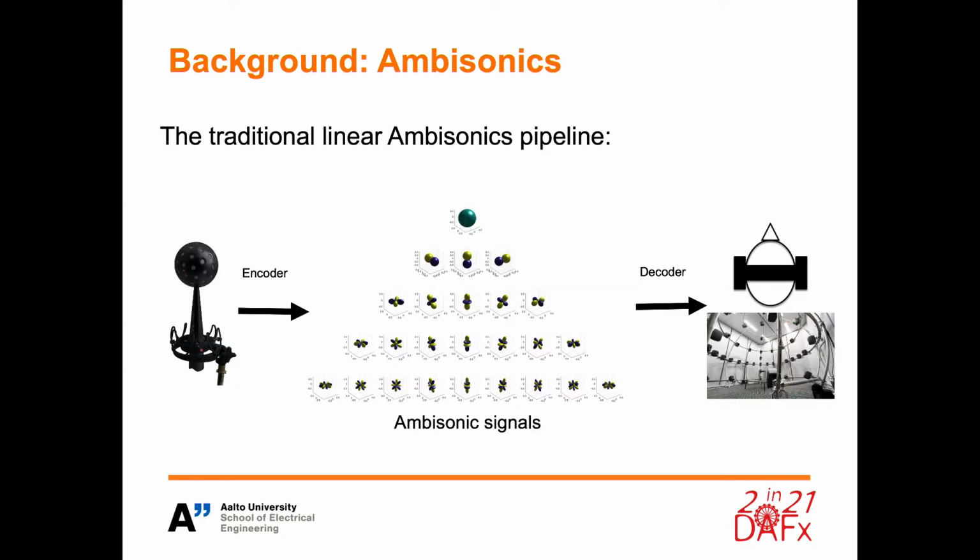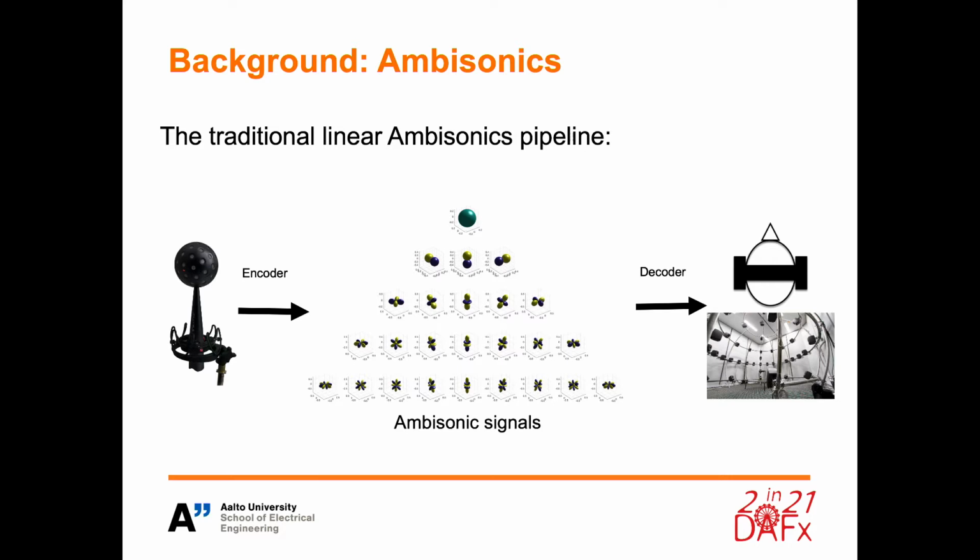So I will now rewind a little bit to provide some background information. Here is a slide depicting the traditional Ambisonics framework. The idea is that based on a purely linear and time-invariant operation, the microphone array signals or monosignals can be encoded into these intermediate ambisonic signals, which follow the directivity patterns of spherical harmonics.